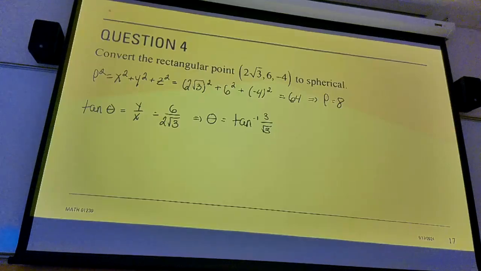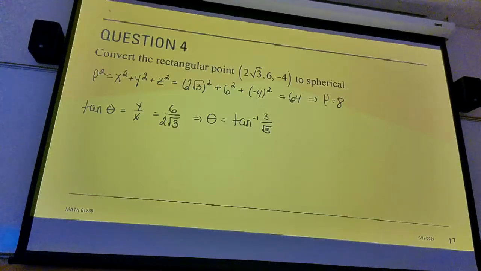Does it go around into the fourth quadrant? The first, right? That is the first quadrant. That will be between 0 and pi over 2.